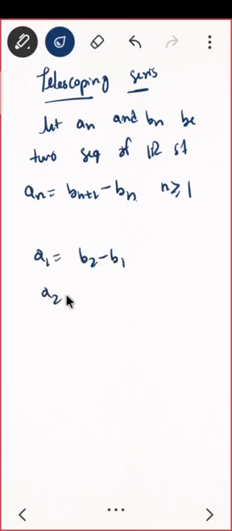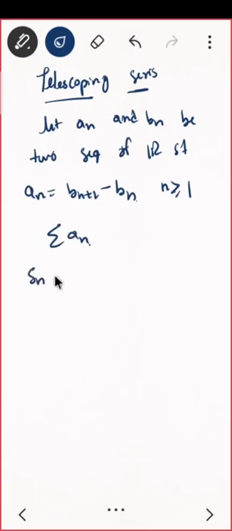What is E2? It will be B3 minus B2. Let us see what is Sn. I want to talk about the summation of En. So for Sn, I need S1, S2. S1 is E1.